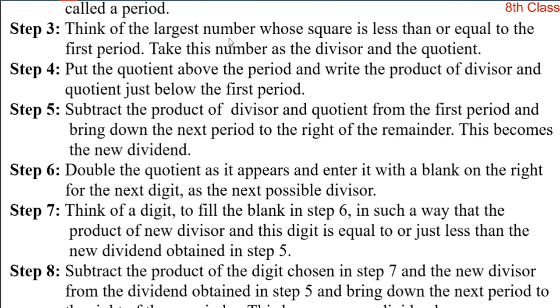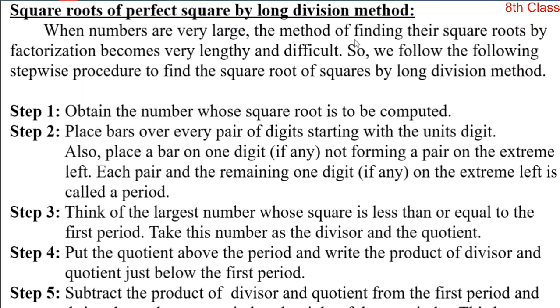Okay, let's come to the next step. Think of the largest number whose square is less than or equal to the first period. Take this number as the divisor and the quotient. So what is the name of this method? It's the long division method. In division we have one dividend, divisor and quotient, but this is completely different.